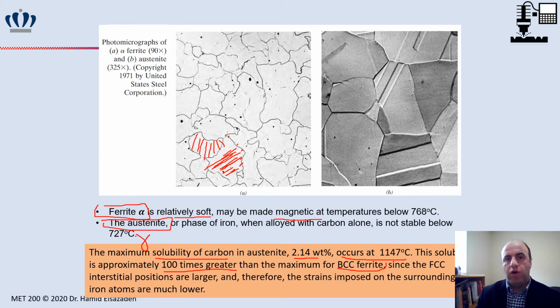But again, all of the unit cells within that grain will have the same arrangement. This is a phase. This is a grain for austenite.